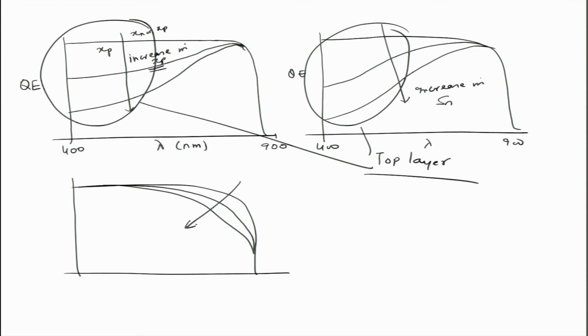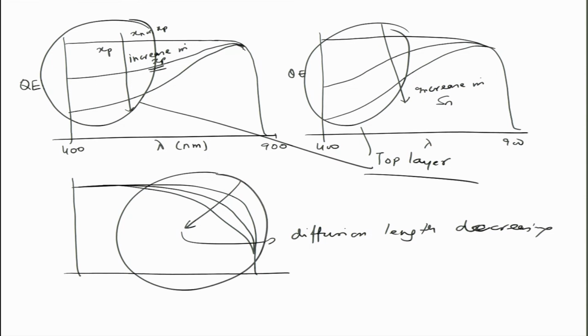So in this case, I think it is about when your carrier diffusion length is decreasing, okay. So quantum efficiency decreases, and this is in the top layer region.